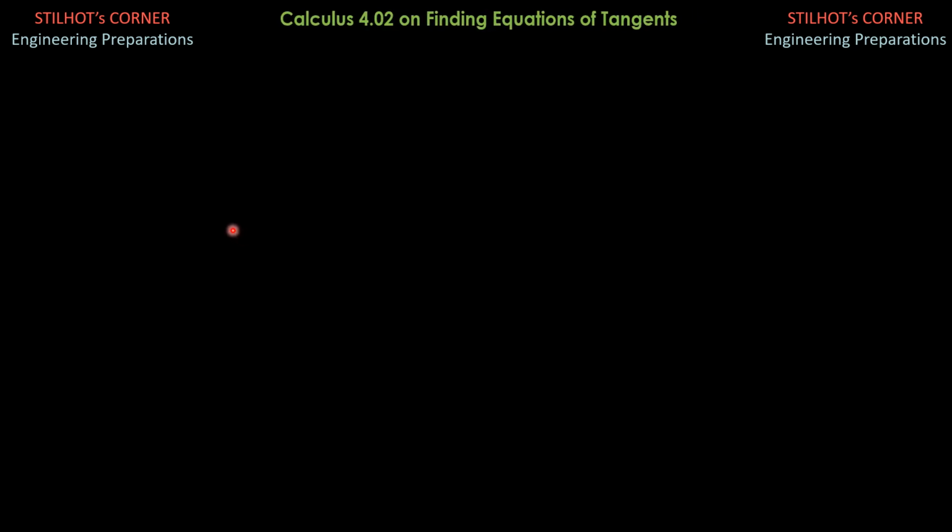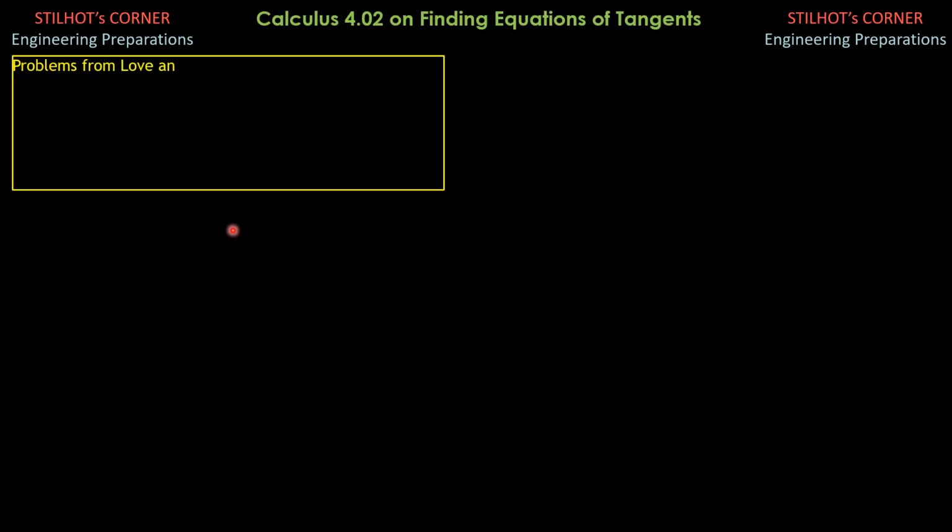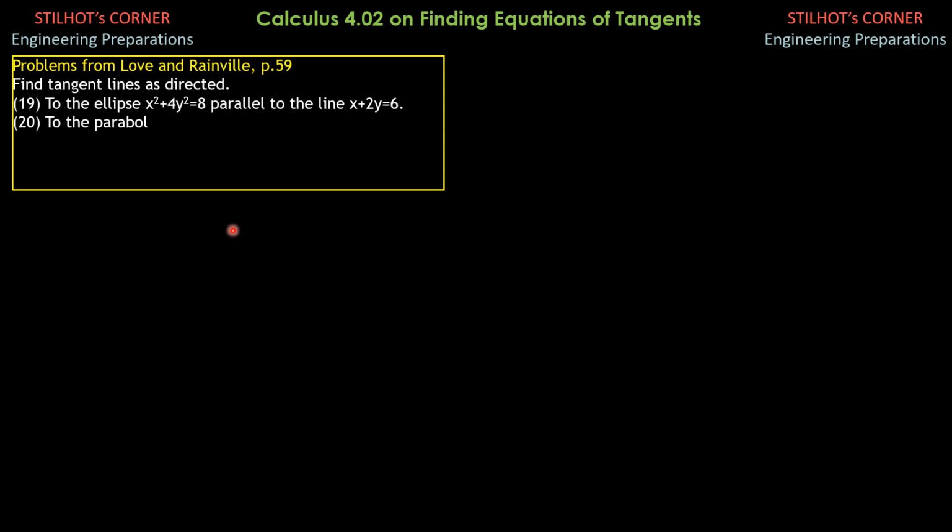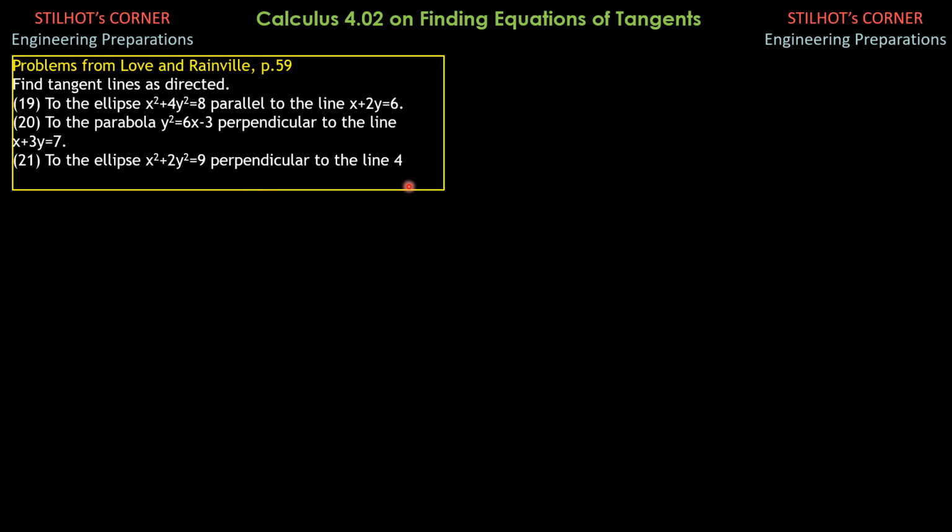Then for problem 21, find the tangent lines to the ellipse x squared plus 2y squared equals 9, perpendicular to the line 4x minus y equals 6.